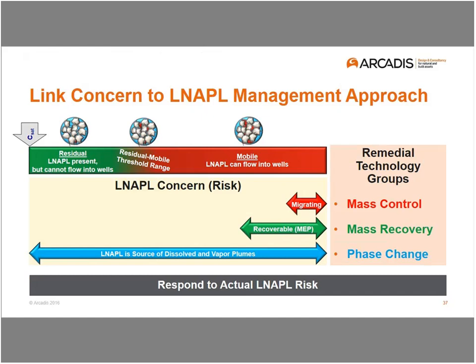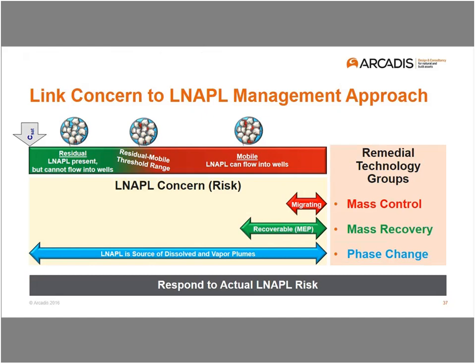So here's a graph showing the range of LNAPL saturation. I've got a high NAPL saturation over here on the right, low NAPL saturation over here on the left, and this is bounded by this variable we call the saturation concentration, and that's the soil concentration above which NAPL must be present in the pore space.